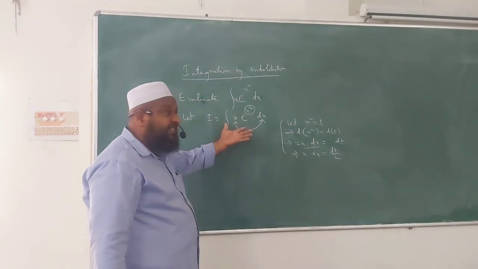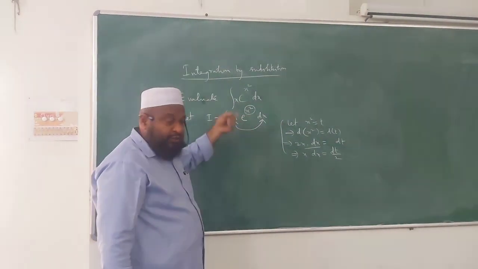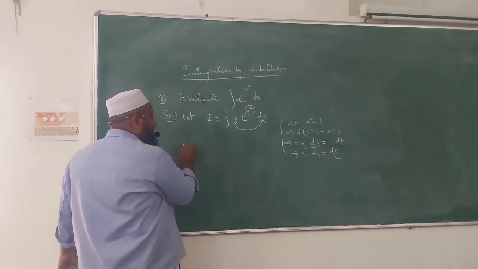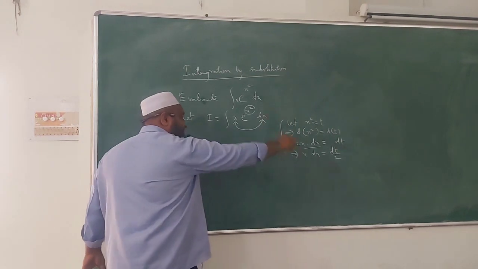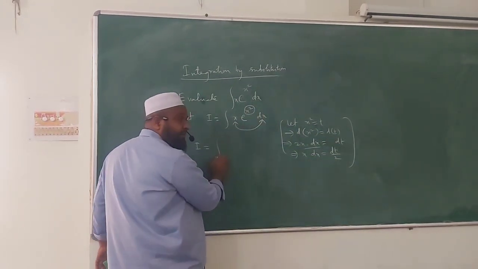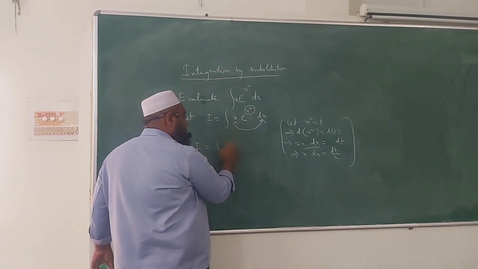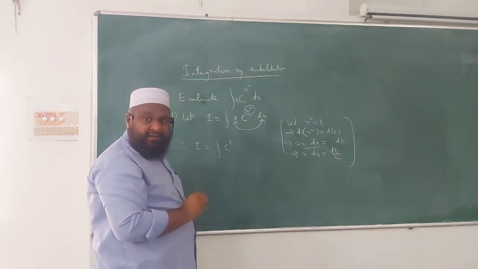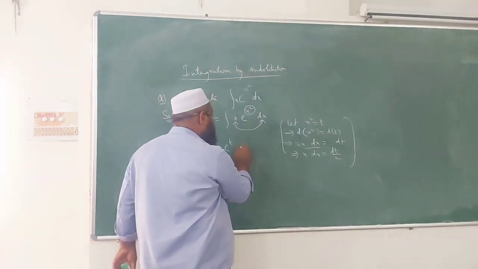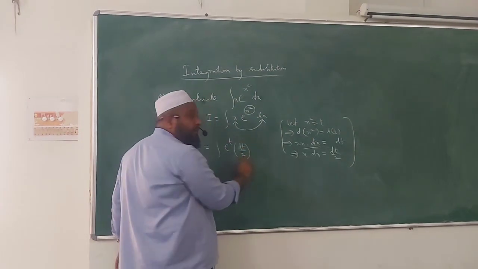What we are doing now is converting this integral in terms of x to the new variable t. So therefore I is equal to, with this adjustment, integral e to the power of t, and x dx is replaced as dt by 2.